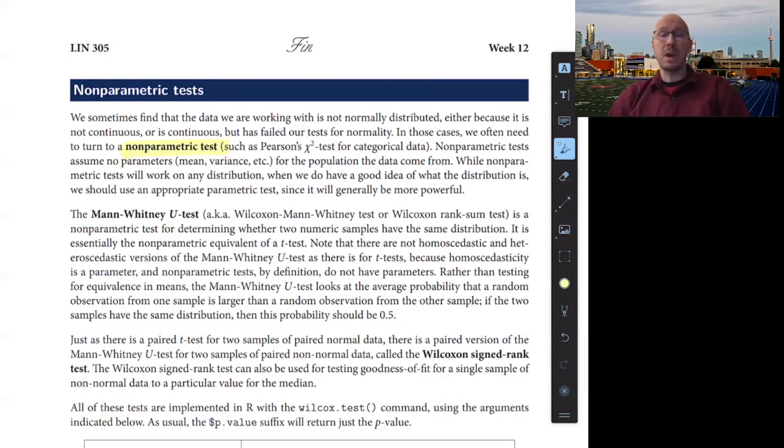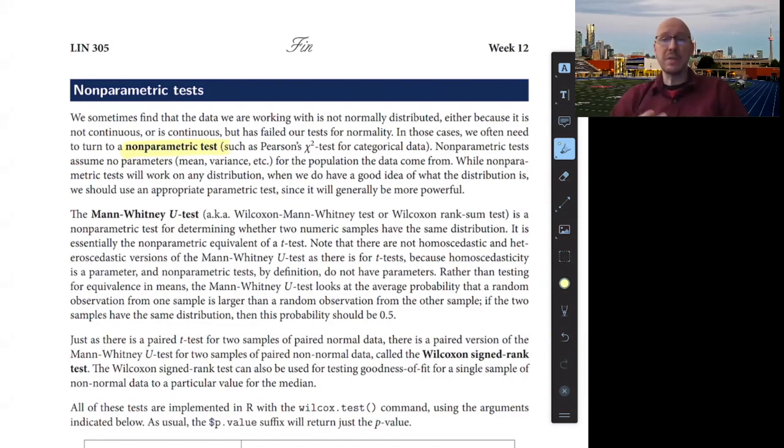And the point of a non-parametric test is it basically makes no assumptions about how the data is distributed. It doesn't assume that it even has a useful mean or variance, that it's normally distributed, whatever.